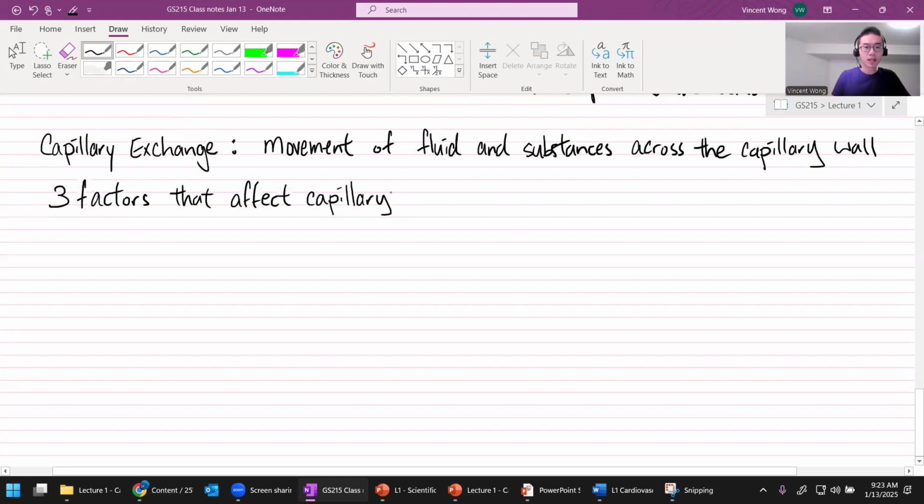We are going to be looking at three factors that affect capillary exchange. Number one, this is the easiest one, diffusion.